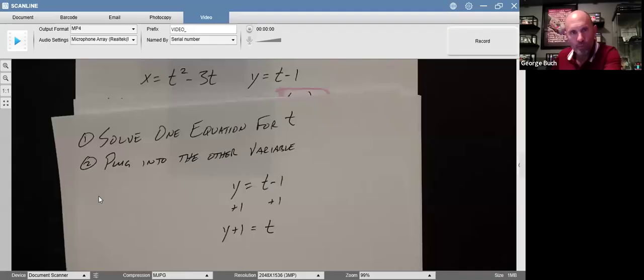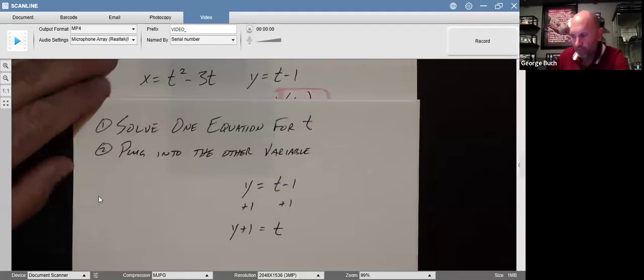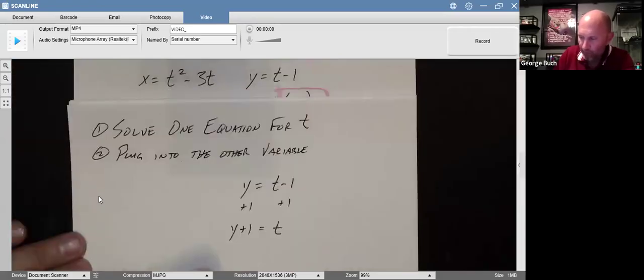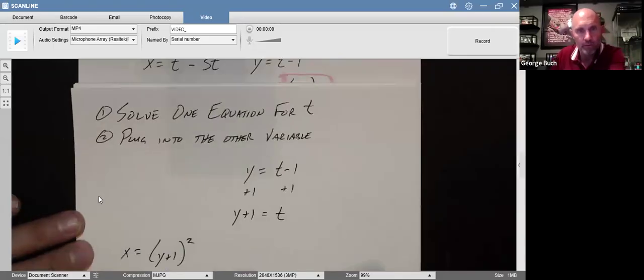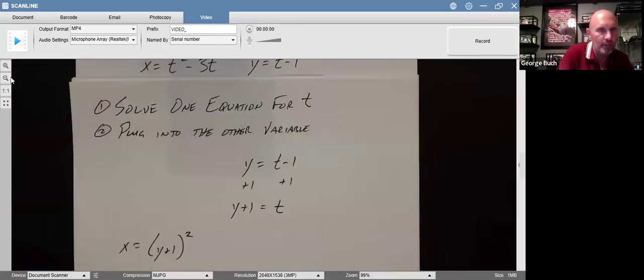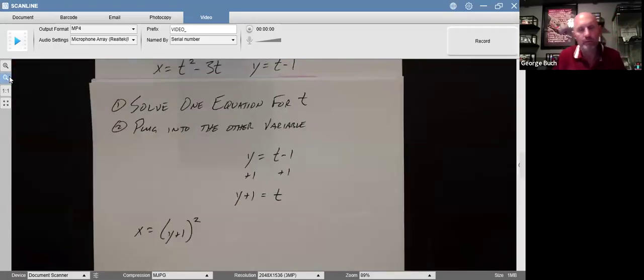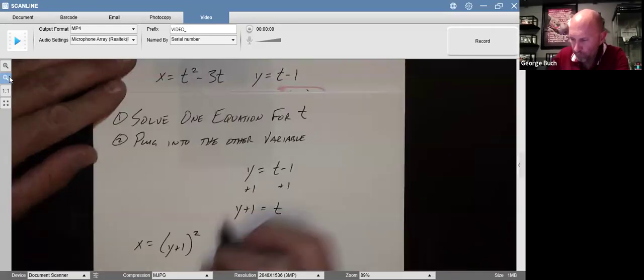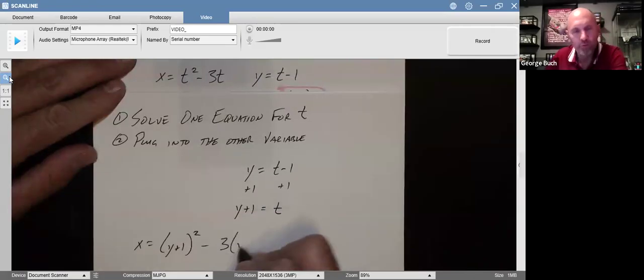So now plug this into my x equation. So I have x is equal to t squared, which is y plus 1 squared, minus 3t, which again is y plus 1.